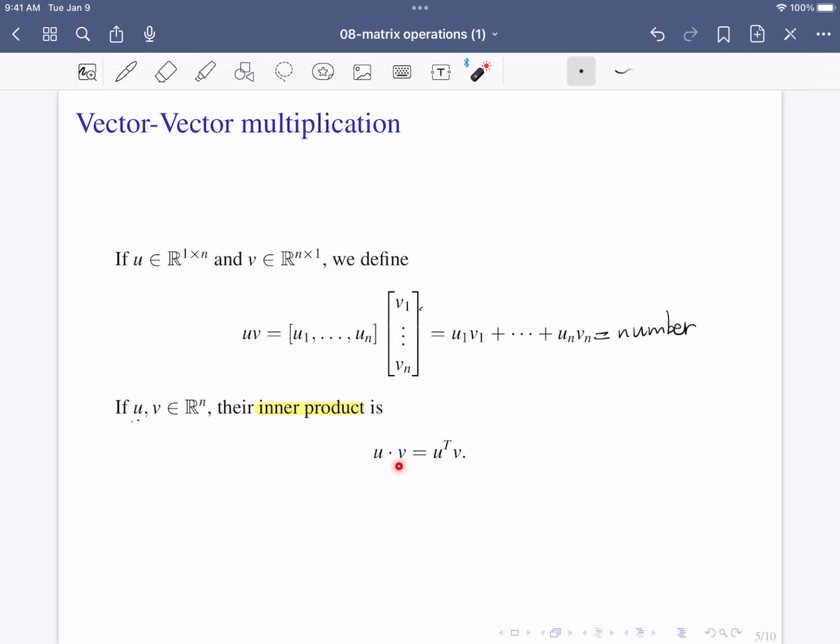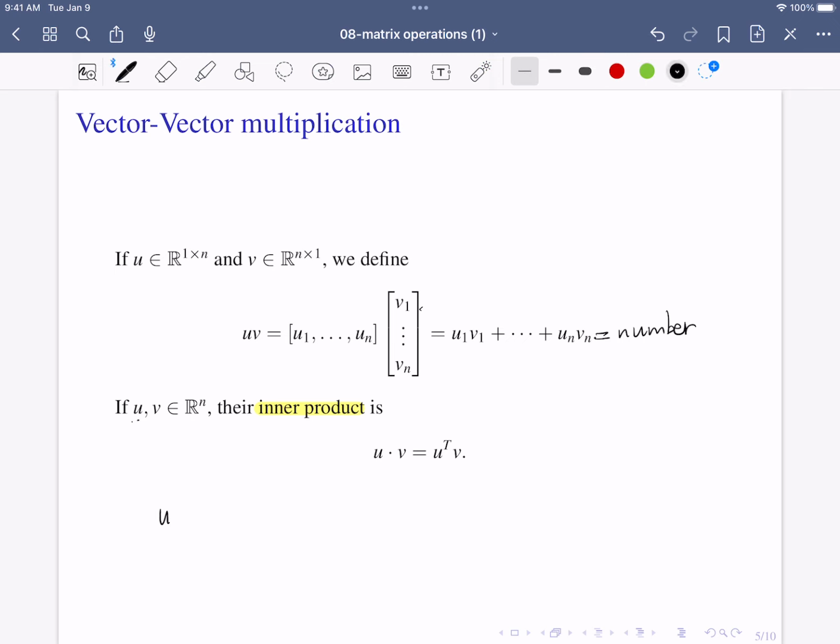U dot V means inner product, which is equal to U transpose V. Because U is a column vector and V is a column vector, U transpose is a row vector, and this is a column vector. So row times column, then element-wise multiplication, and then take the sum.